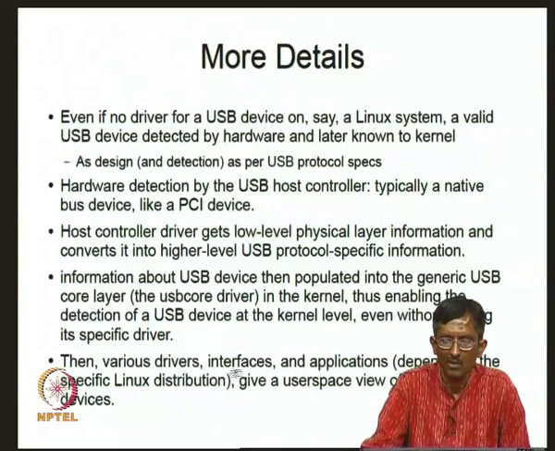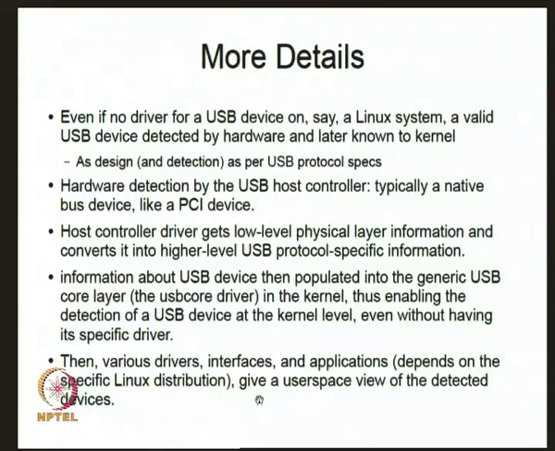Then, depending on the availability of other drivers, interfaces and applications, it gives user space a view of the detected devices. This is the user friendly part of it. Up to this point, the kernel knows about it, but beyond that it cannot do anything because it does not know what to do with it.